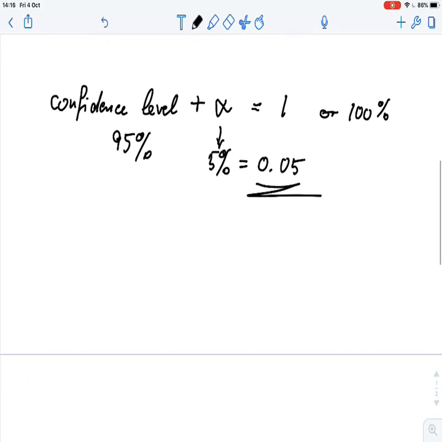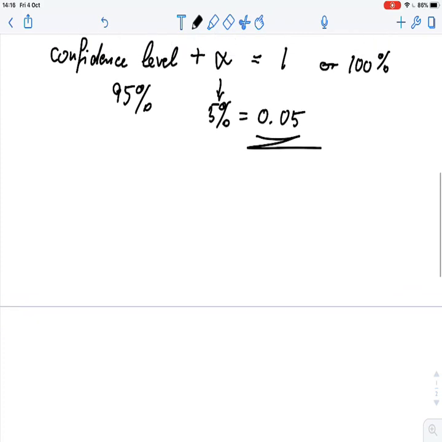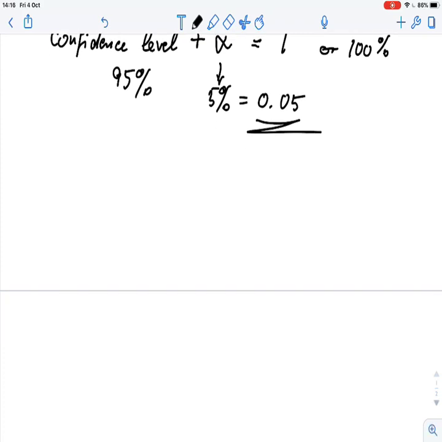And very easy to convert. Now, last week we discussed the different data types. So we have, for example, nominal, we have ordinal, we have interval, and we have ratio data.